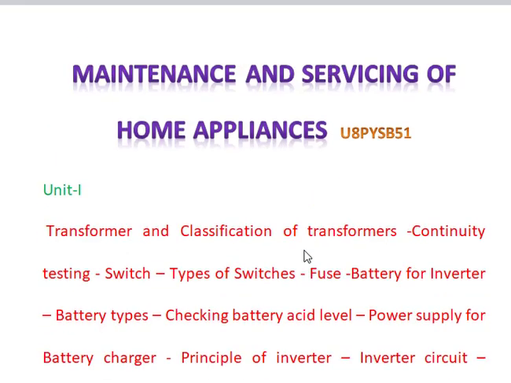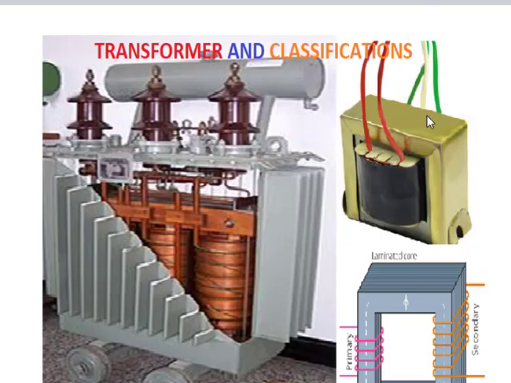So we start with transformers and the classifications. You know well that the transformer is an electrical device which converts electrical energy into electrical energy, that is, AC power into AC power.